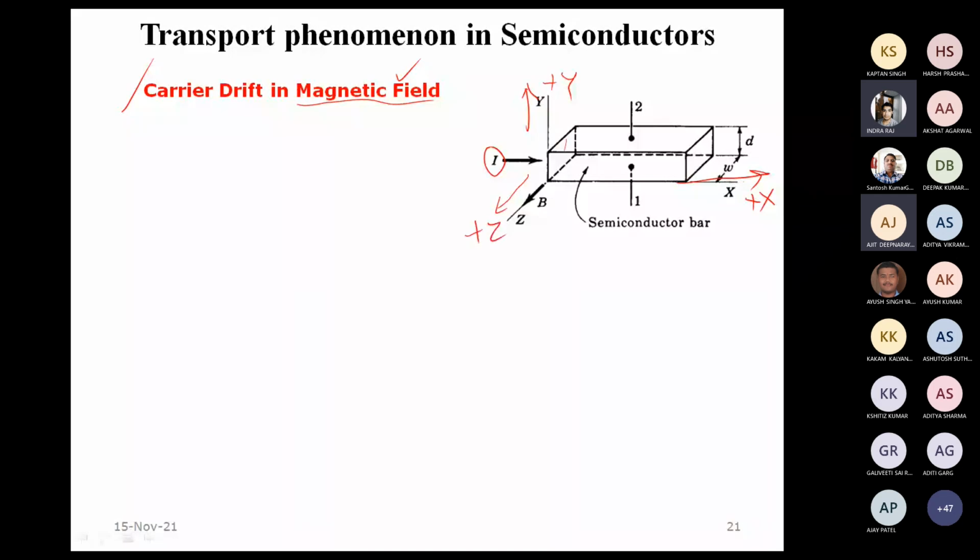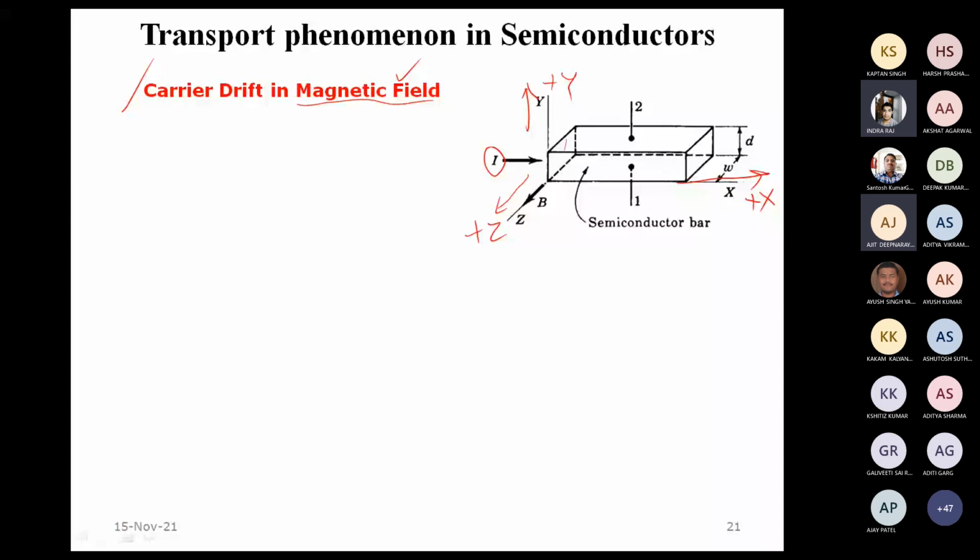The current I may be composed of electrons or holes, irrespective of the type of carrier flowing through this specimen to form this current I.